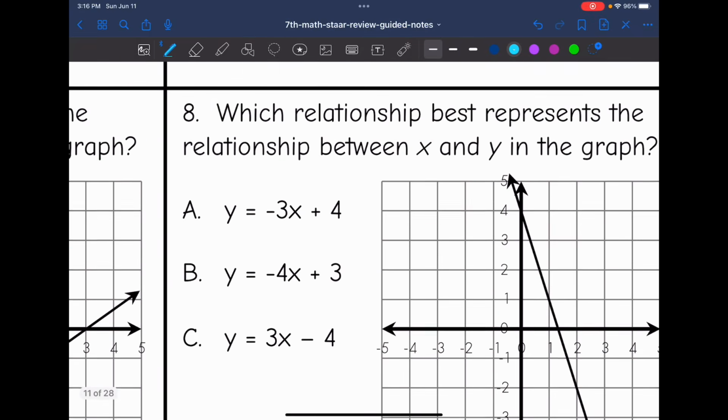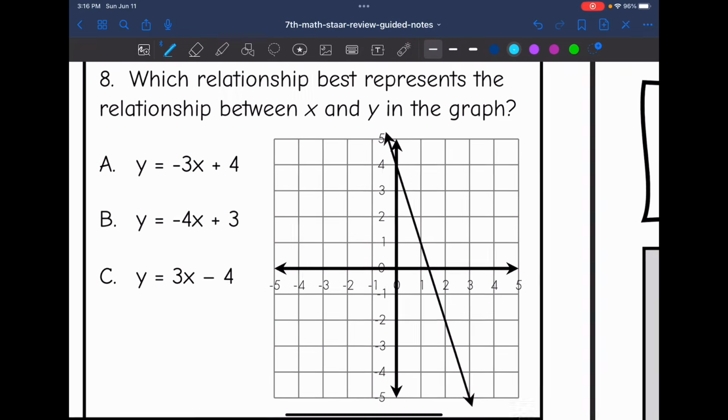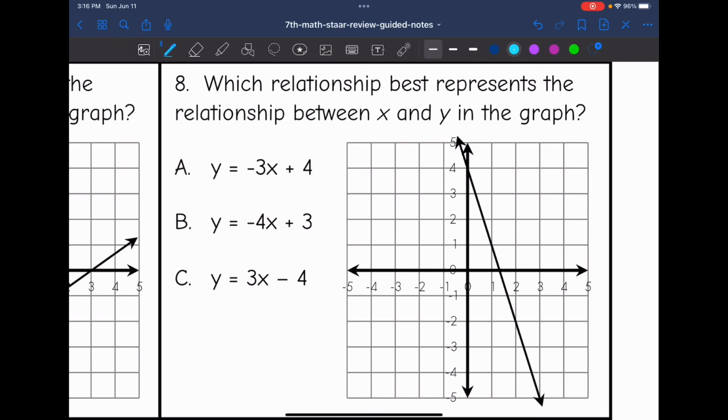Okay, let's look at number 8. It says, which relationship best represents the equation between x and y in the graph? So first thing I notice is my line is going down, so my rate of change is going to be negative. And I'm going to find 2 perfect points. I see one right here and one right here.